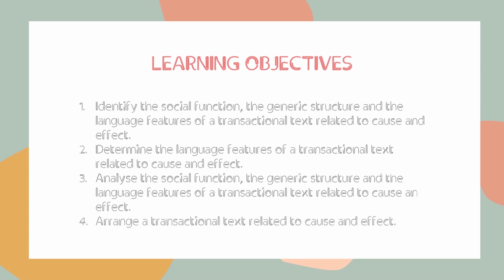and effect. It means that from the learning objectives, at the end of the learning section, you must be able to identify the social function, generic structure, and the language features of a dialogue which contains cause and effect, and also determine the language features related to cause and effect, and also analyze some sentences with cause and effect.